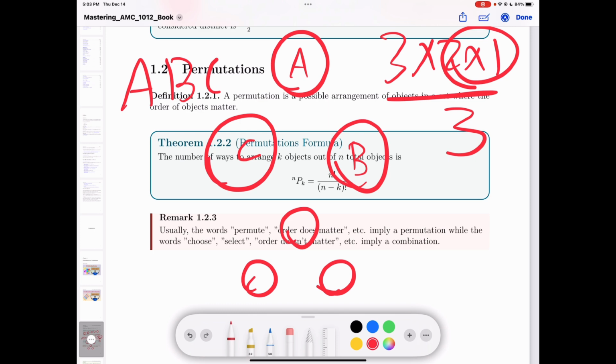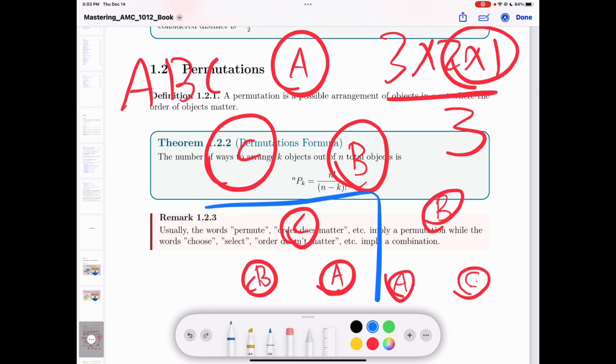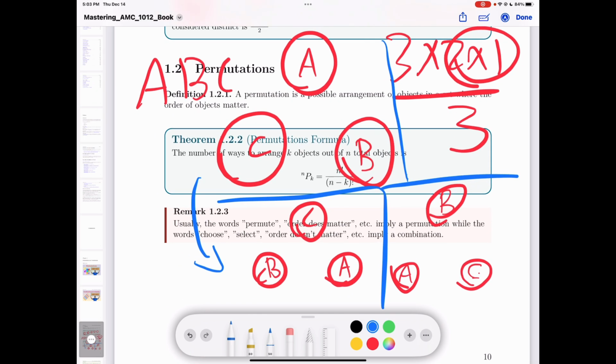So what if we have A, B, C, and another one A, B, C. So these are all considered the same. There's 3 rotations. Oh, wait. There's only 2 different ones, so I don't understand why.